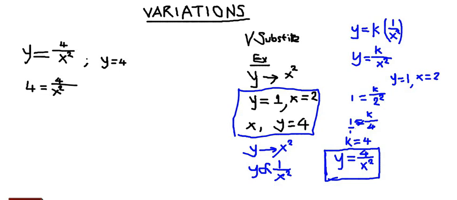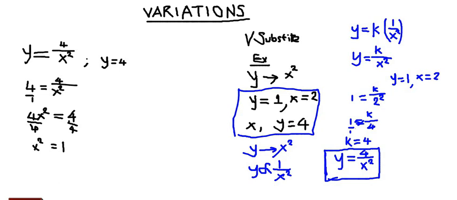So when we cross multiply and solve this equation, we'll have 4 times x squared is 4x squared, which is equal to 4 times 1 is 4. We can find x squared by dividing both sides by 4, which means x squared is equal to 1.